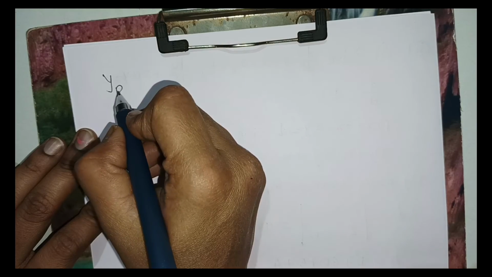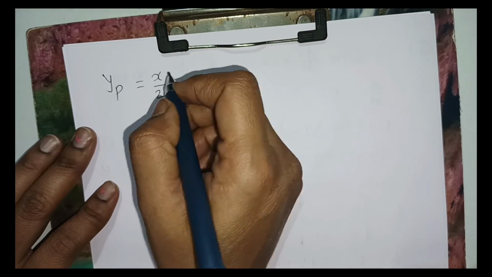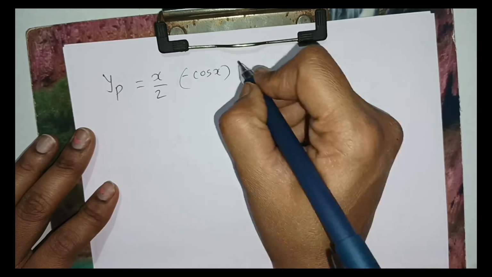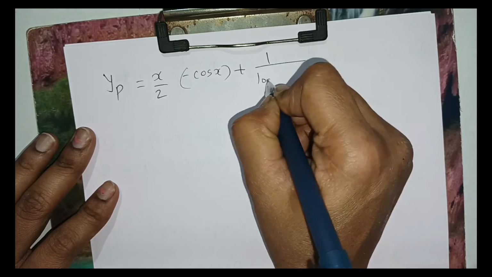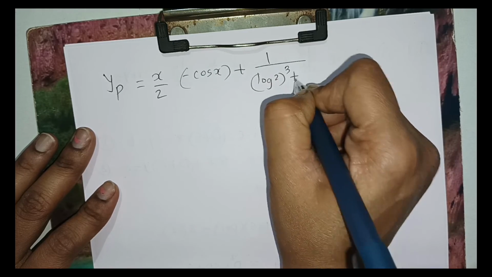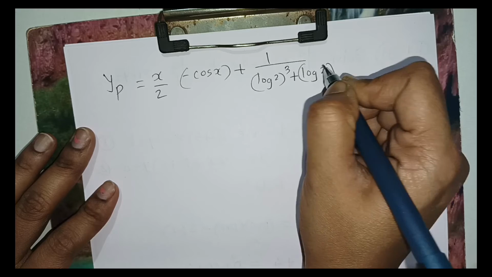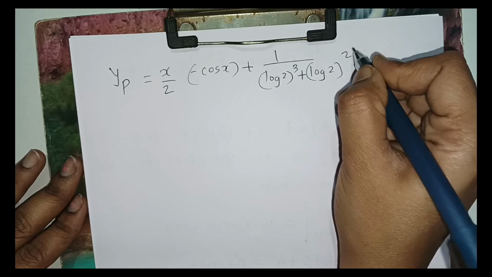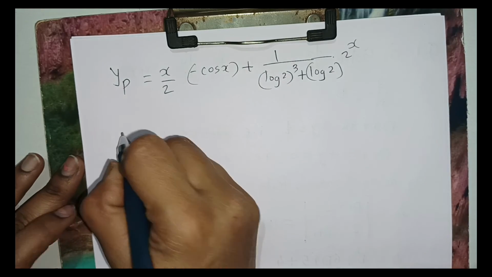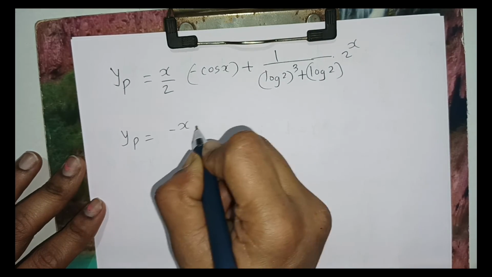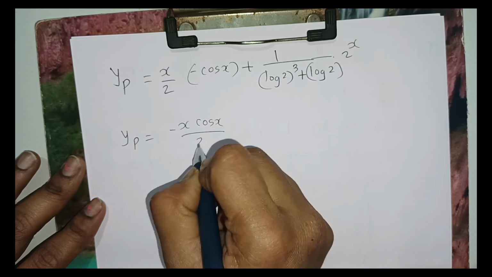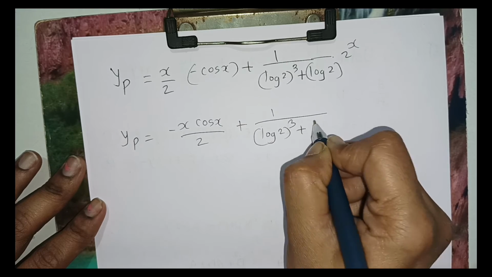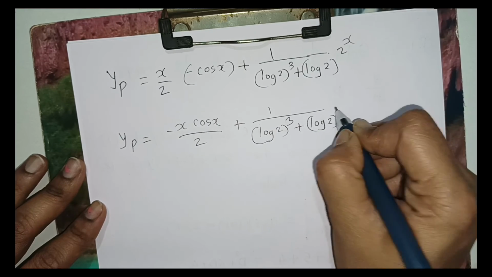So yp is equal to x by 2, the integration of sin is minus cos x, plus 1 upon log 2 cube plus log 2, 2 raised to x. So yp is equal to minus x cos x by 2 plus 1 upon log 2 cube plus log 2, 2 raised to x.